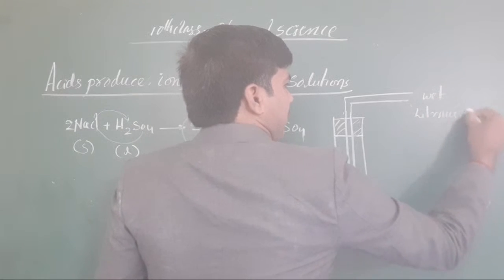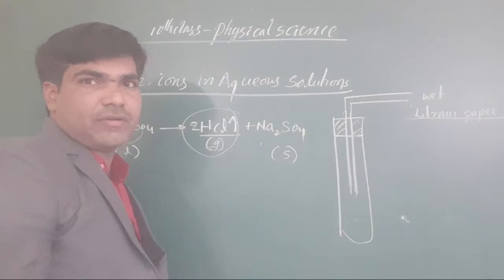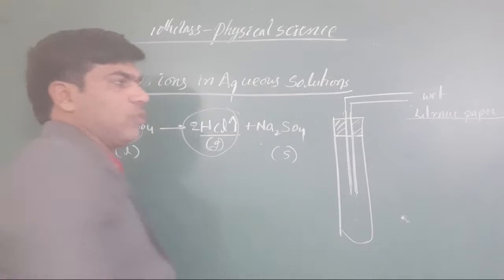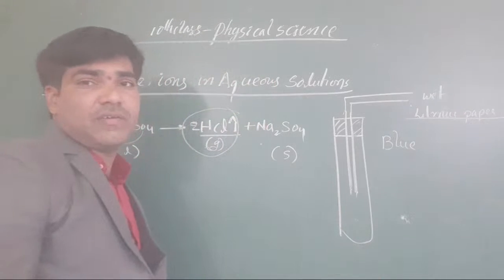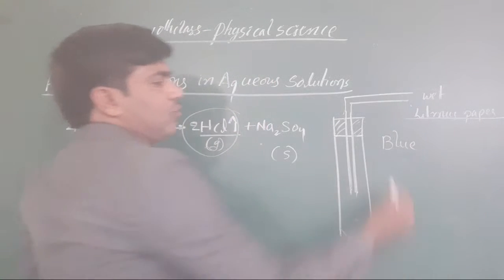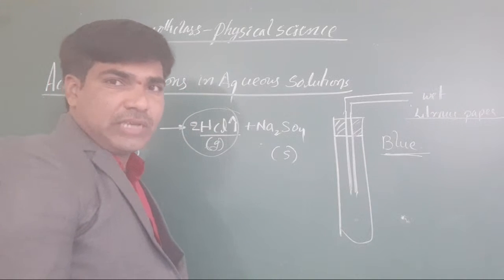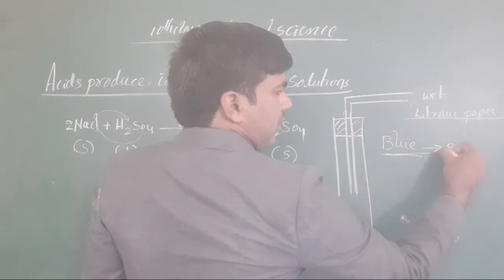Which litmus paper do you take? You want to check whether it is an acid, so you take blue litmus paper. When you take blue litmus paper, it automatically converts into red color.